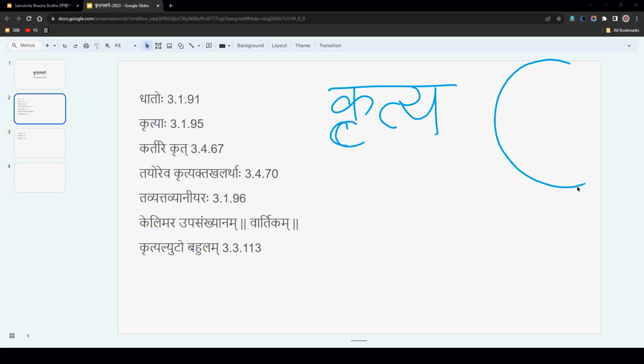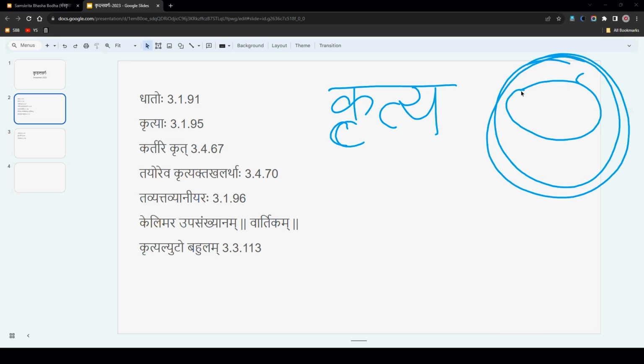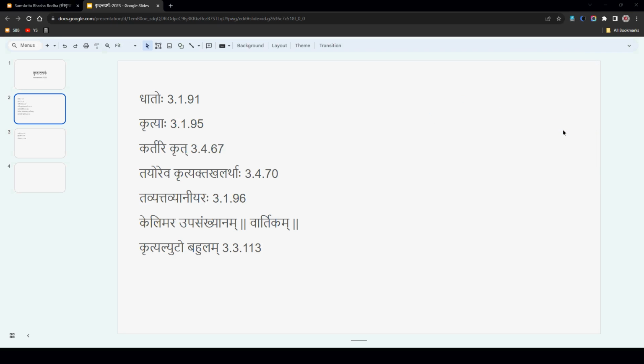Think of it as subsets: Pratyaya is like a large group. Out of them, a smaller one is Krit, and out of them, an even smaller one is this Kritya Pratyaya.